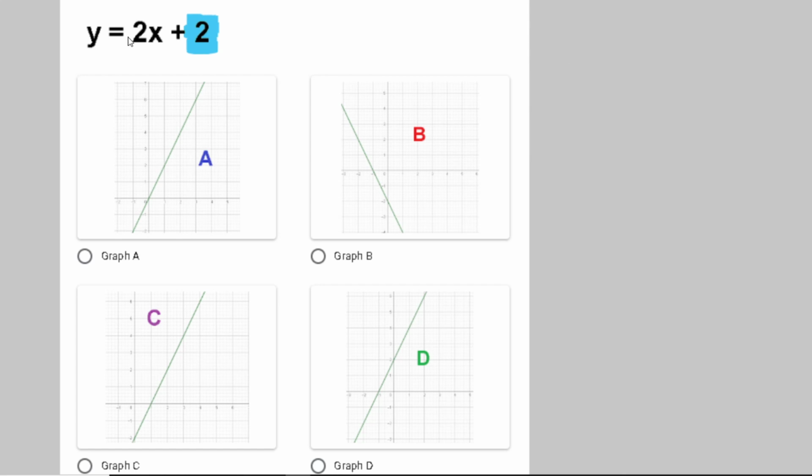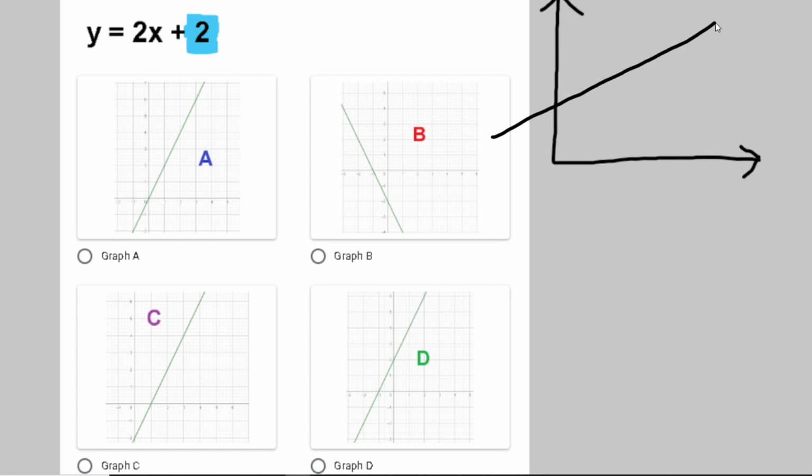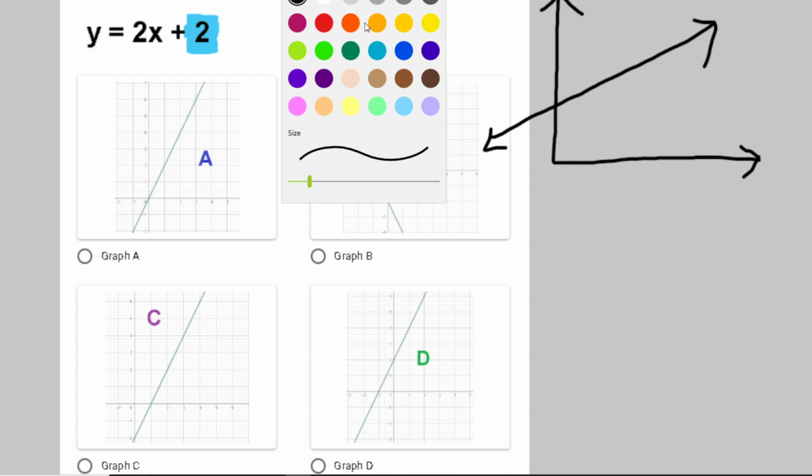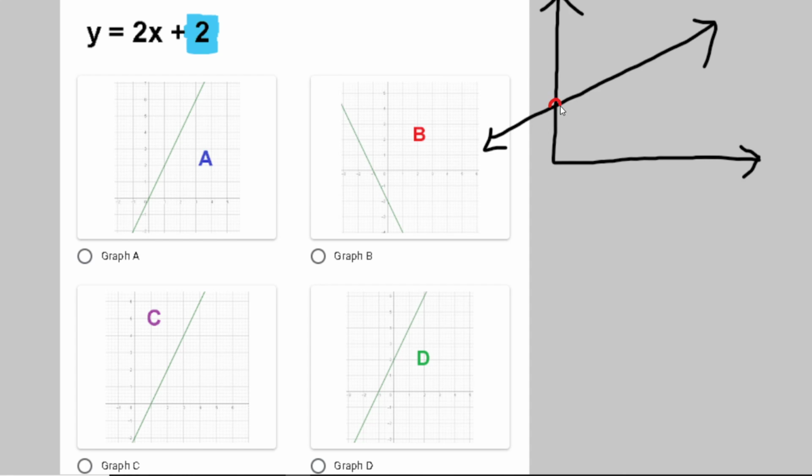That means even if we don't know what the slope looks like, we do know that our graph should go through the y-axis at 2, even if you don't know what the rest of it looks like.